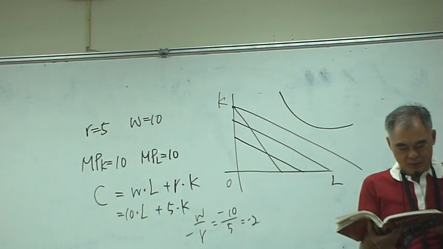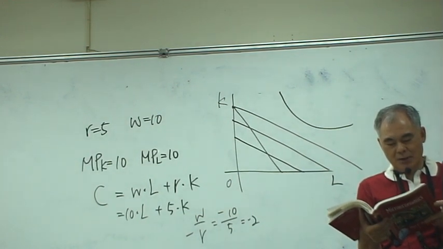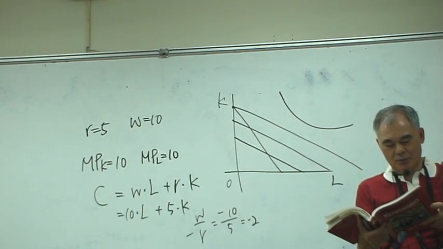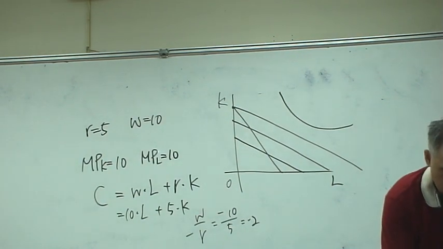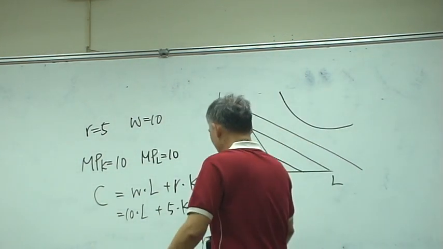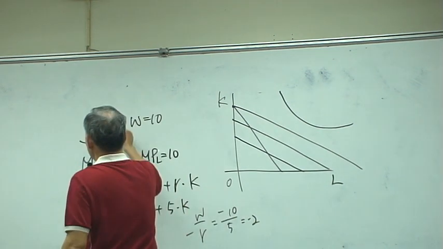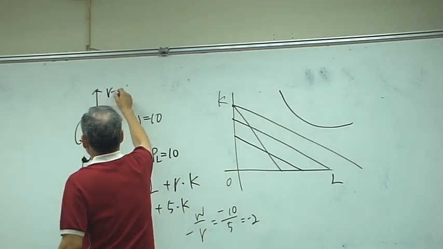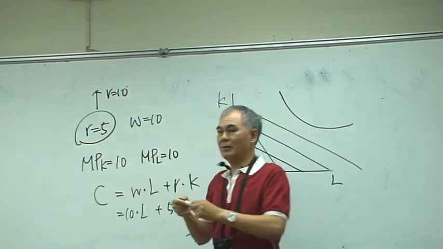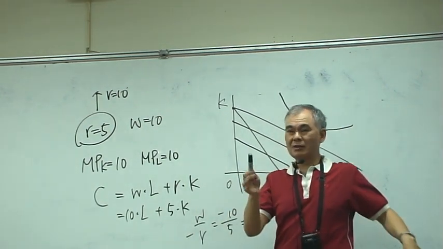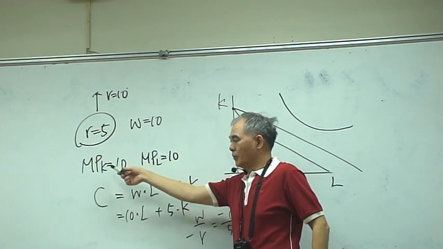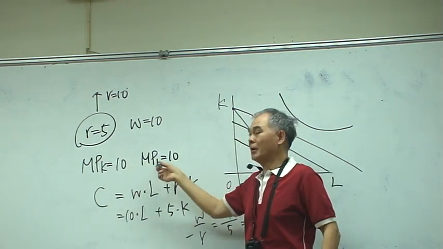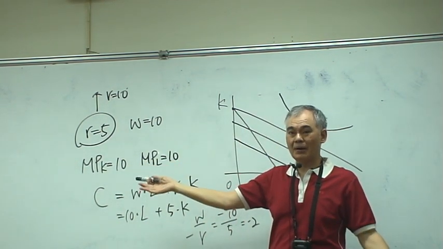Okay, question 4. Suppose the price of capital increases to 10. What happens to the output expansion path? So the price of capital increased to 10. What does that mean? At this point, the marginal product from capital and labor is the same, right?